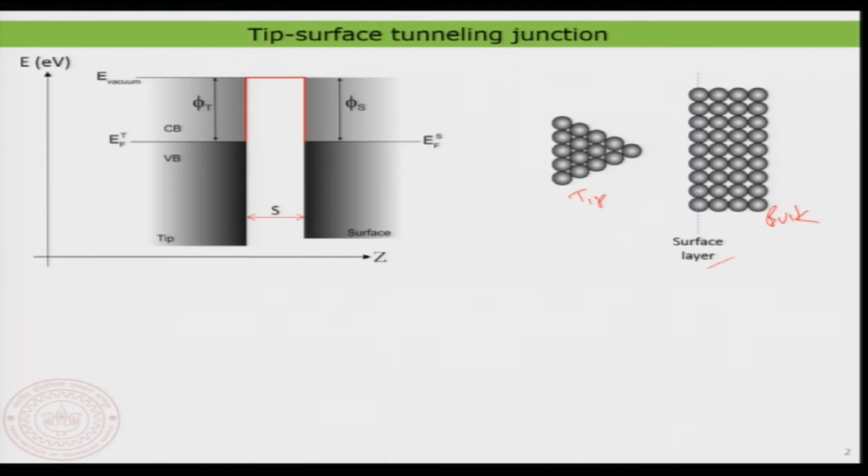The origin of the tunneling barrier is something we have already discussed, and the most important characteristic that you have to recollect is the work function and the alignment of the Fermi level. When no bias is applied, the Fermi level of both the tip and the sample is going to be aligned. That is the most important thing.